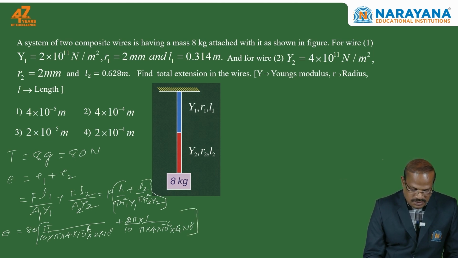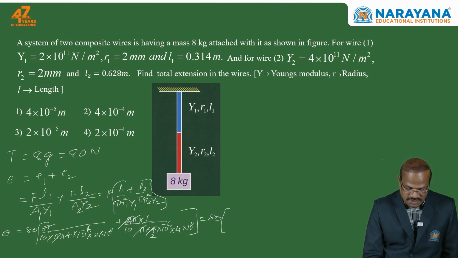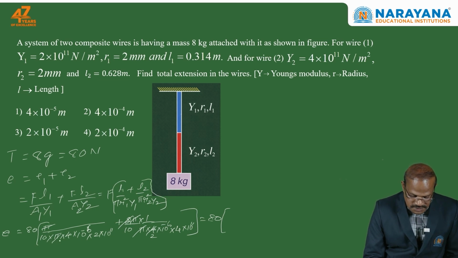So here we can cancel pi, here also pi, here 2 times, and this is 80. In the first term, 10 power minus 6 into 10 power 11, that is 10 power 5. When it goes to numerator, it becomes 10 power minus 5. And here this is 4 to 80. This is 1 by 80 into 10 power minus 5.